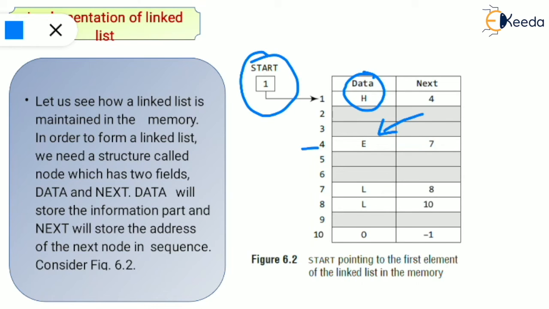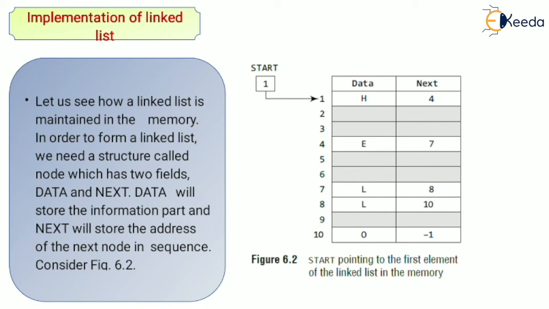In a similar manner, whatever data comes next to E is to be stored in the 7th location, because we are already providing the locations by using the pointer.